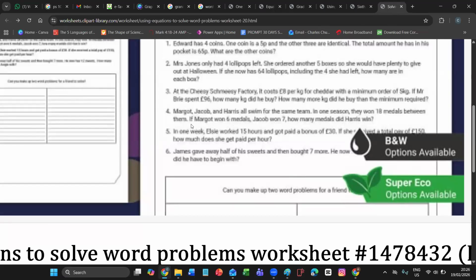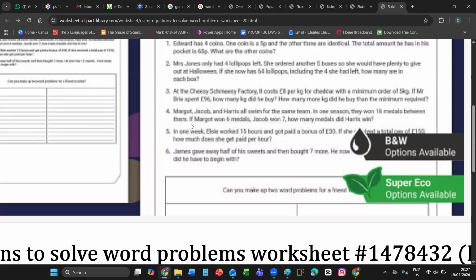So that means the total was 18, right? That's my first deduction from this question. When they say between them, that means that's their total. The next thing I can see is they told us that Margot won 6 medals, Jacob won 7. So that's 6 plus 7, 13.